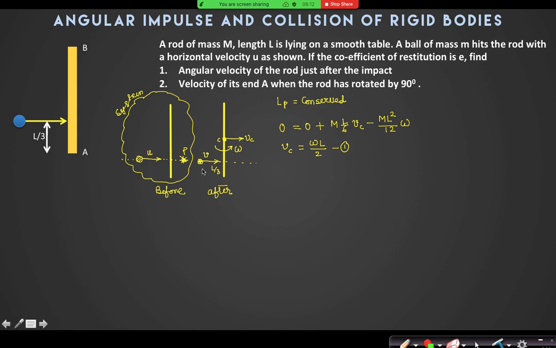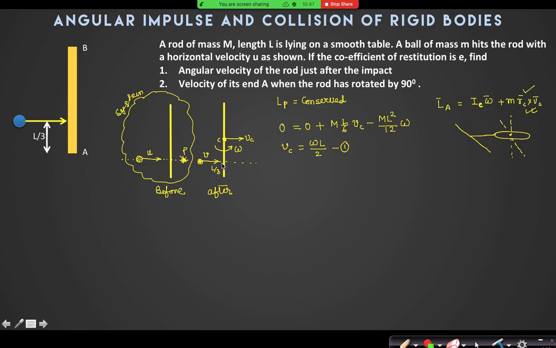If it lies inside the body, about which the body is in pure rotational motion, then only we can use the I omega formula, I about that axis into omega. But I cannot find I about that axis because it is not a rigid body about this point. This point does not lie inside the body, so definitely we have to use the second formula.